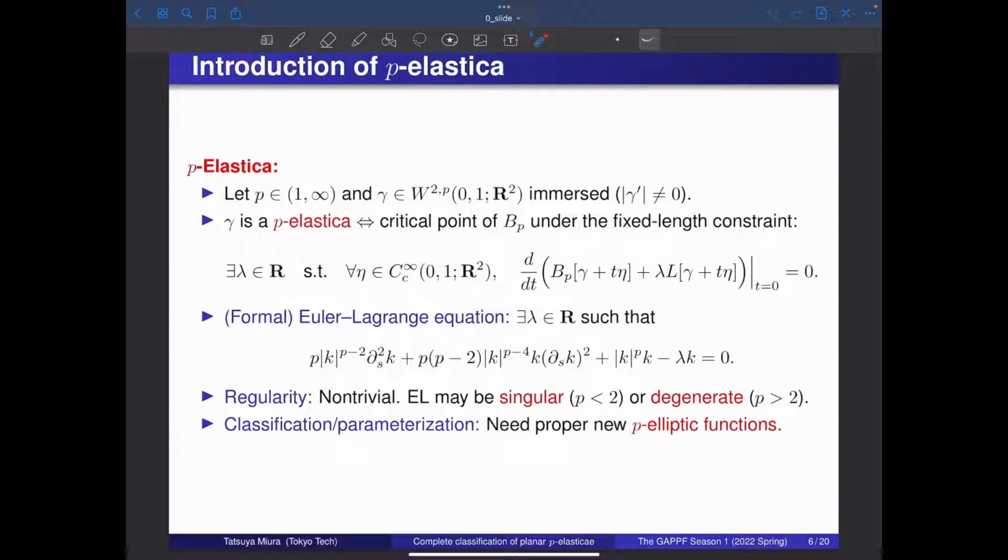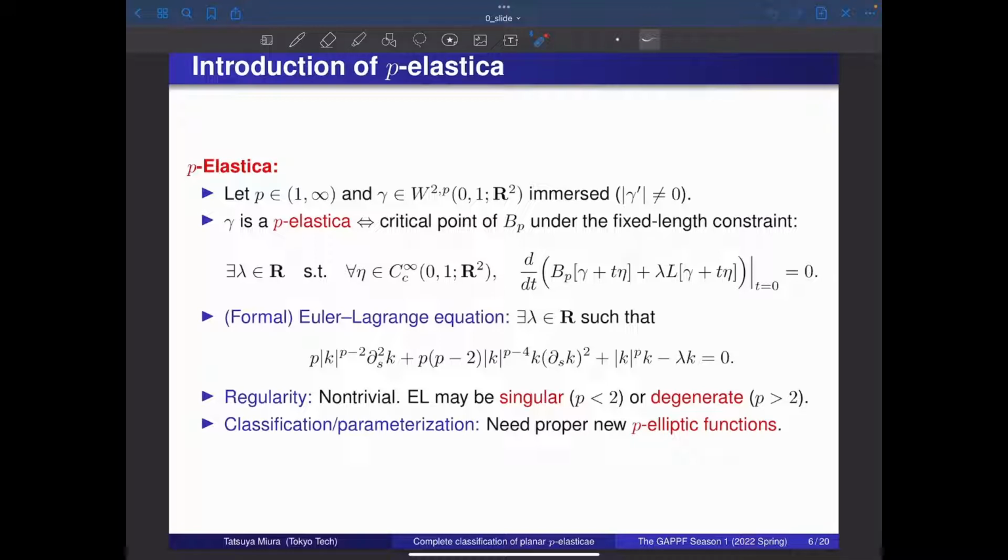And the only difference is the exponent of the curvature here. By this definition, we formally derive the corresponding Euler-Lagrange equation: there exists a multiplier lambda such that the curvature of the p-elastica satisfies this second order ODE.